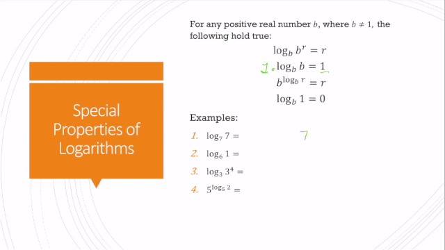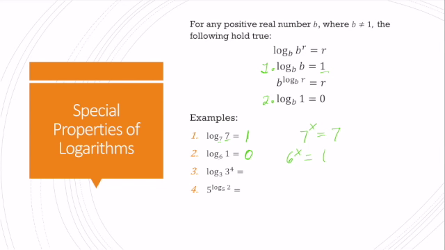Remember, logarithms are asking what power do I raise something to get this. So 7 to what power is 7? Well, that's going to be 1. If I have log base 6 of 1, that's asking what power do I raise 6 to get 1? Well, remember, anything to the 0 power is 1, so it's going to be 0.